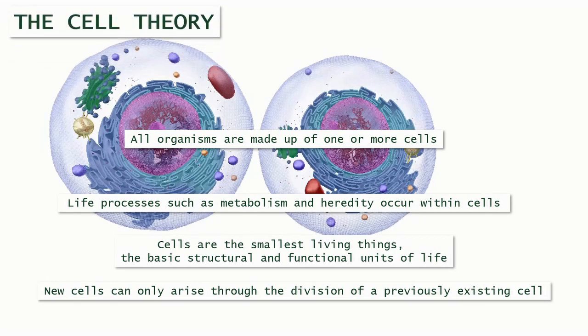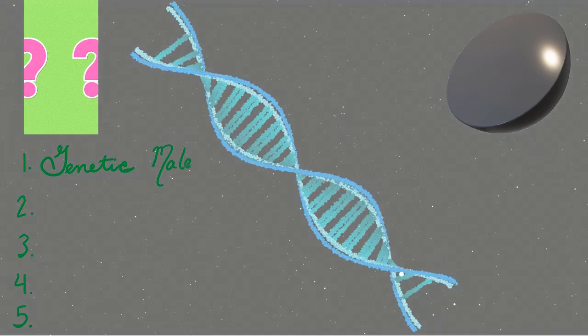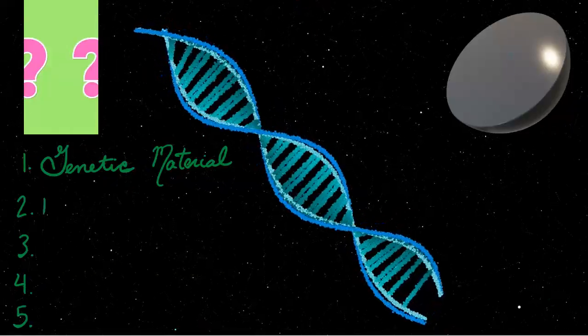So, if everything is made up of cells, aside from being the basic unit of life, what exactly is a cell? To be considered a cell, the item in question must have 5 key elements. First, genetic material, such as DNA. The second is ribosomes.